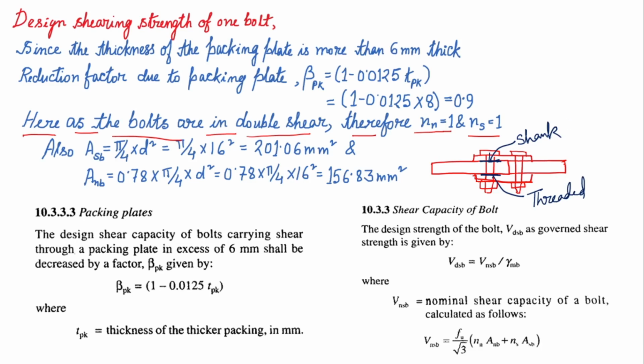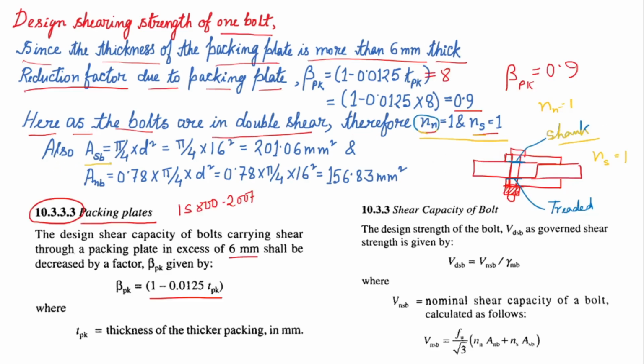As there is one plane at the shank portion, here Ns equal to 1, and similarly as it has another shearing plane at the threaded portion, Nn equal to 1. So that's why I have noted down Nn equal to 1 and Ns equal to 1.